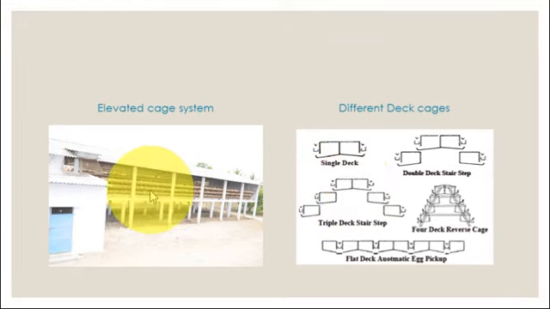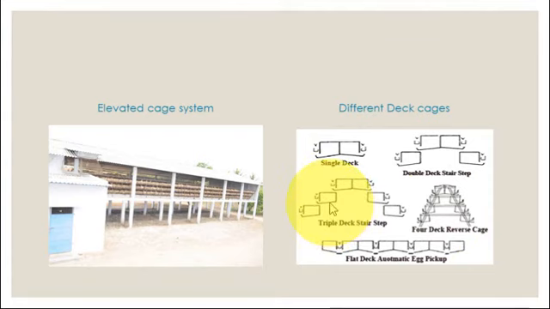So here it is a deck type system. Here it is a reverse cage system. Reverse cage means it is a small size when compared with this one. Here only one bird is accommodated in one row, so the bird need not wait to take feed.